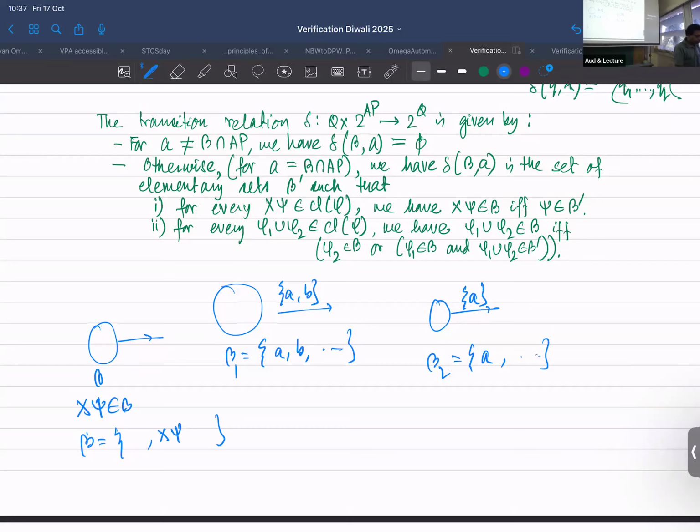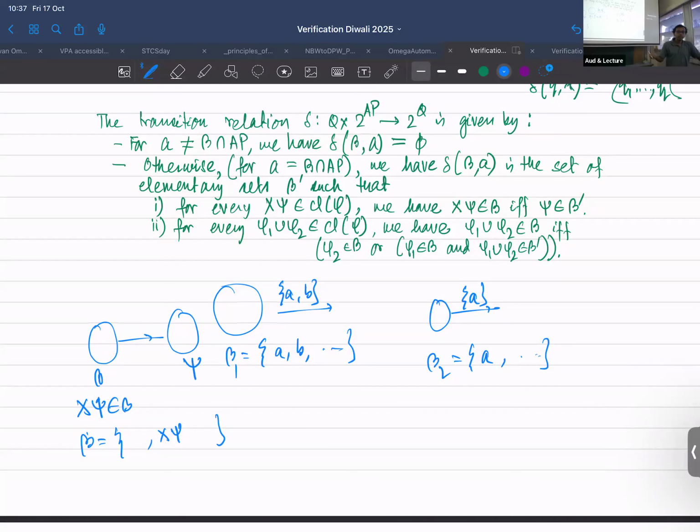So if you have X of psi here, then on such letters, which are the set of atomic propositions exactly that are there in beta, on such transitions, you will go to all those states which have psi in them.